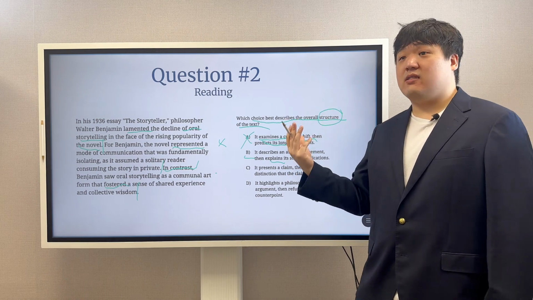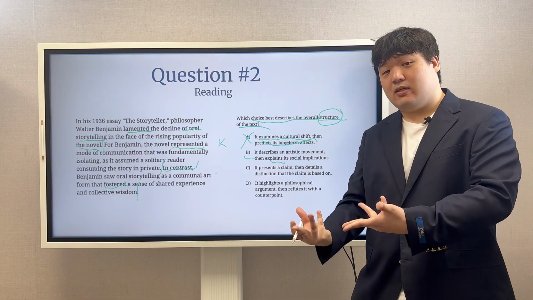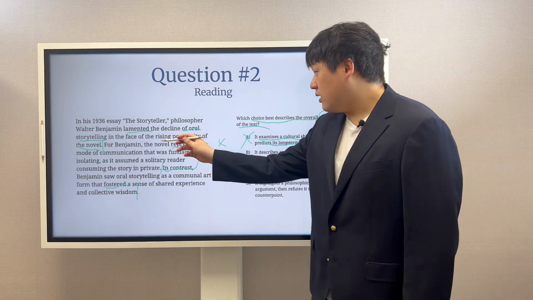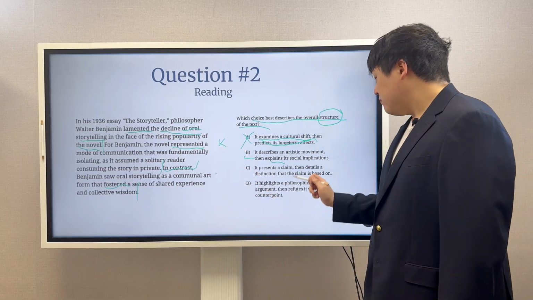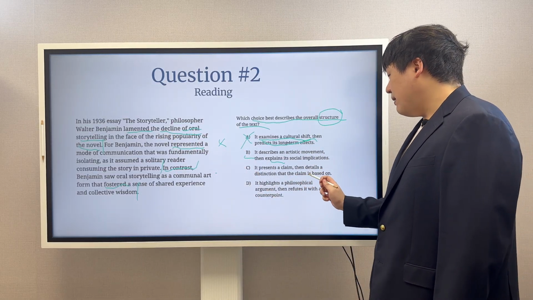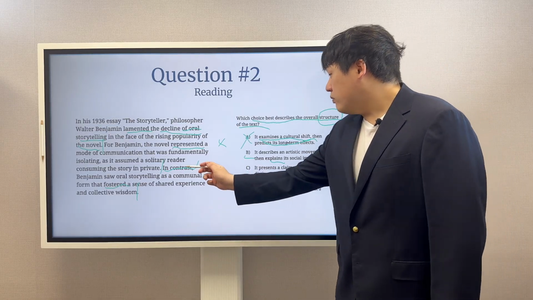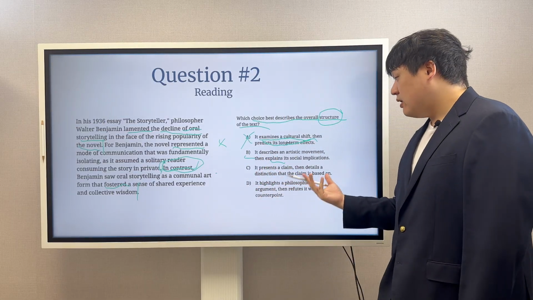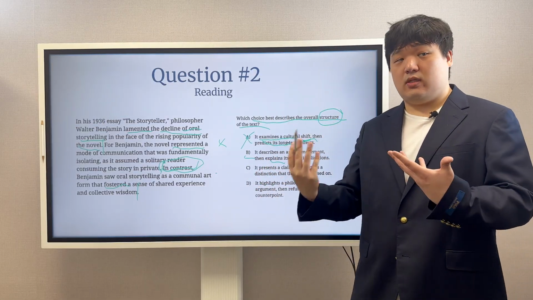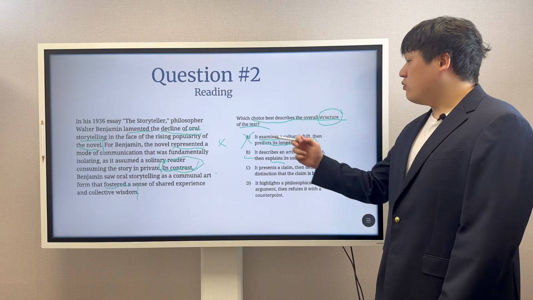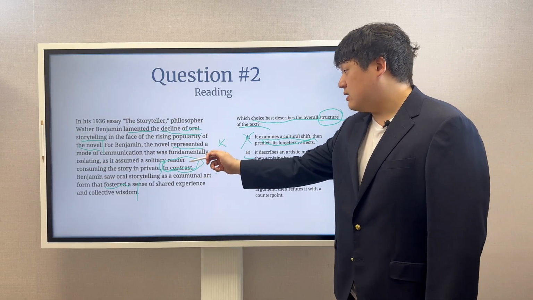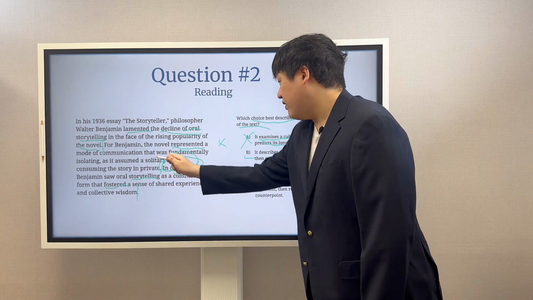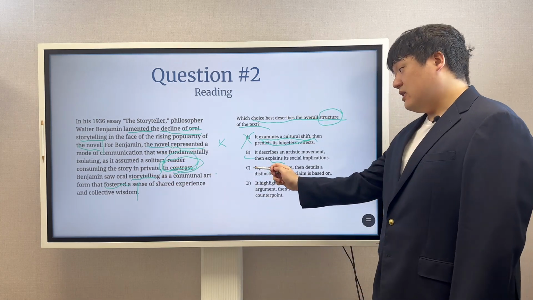So these are the parts that are independent of the actual content of the passage, which in this case means it presents a claim, the claim, we have the decline, then details a distinction that the claim is based upon. Well, as we said earlier, in contrast, we can tell that there's a distinction between these two, there's a difference. And it's specifically what Benjamin is discussing. It's about how oral storytelling is different from the novel. So C is looking quite good.